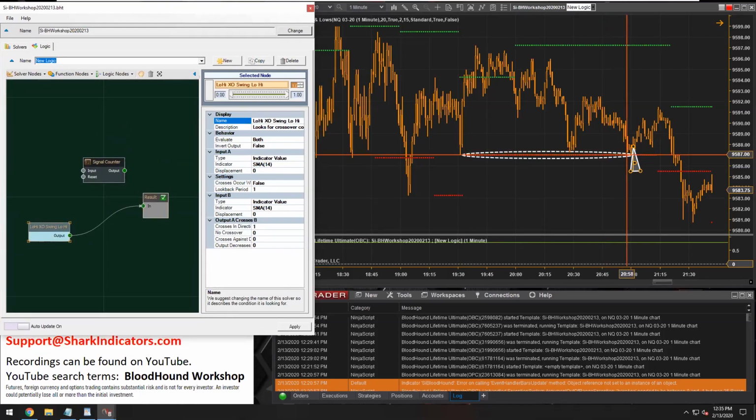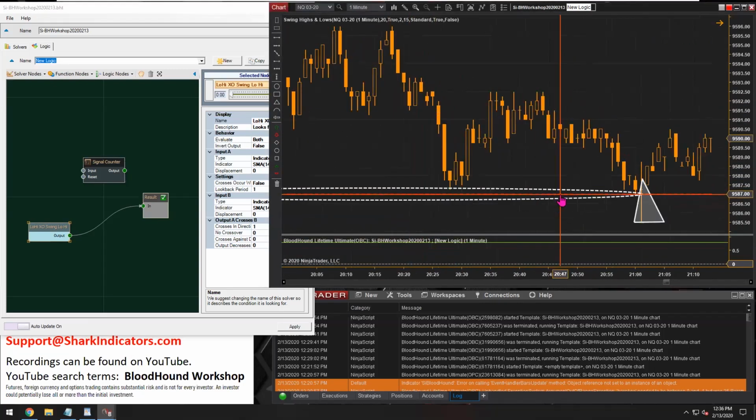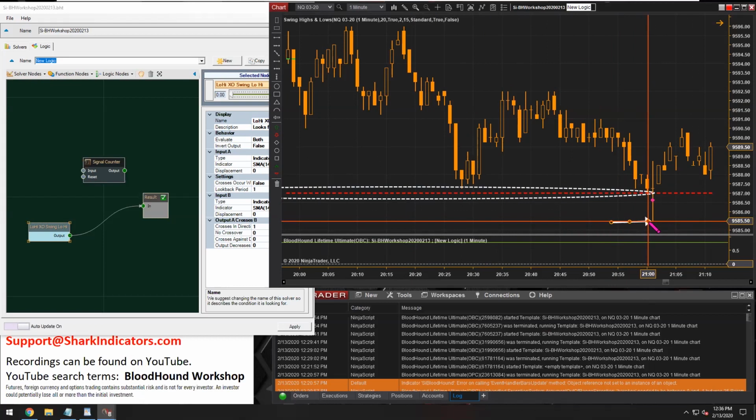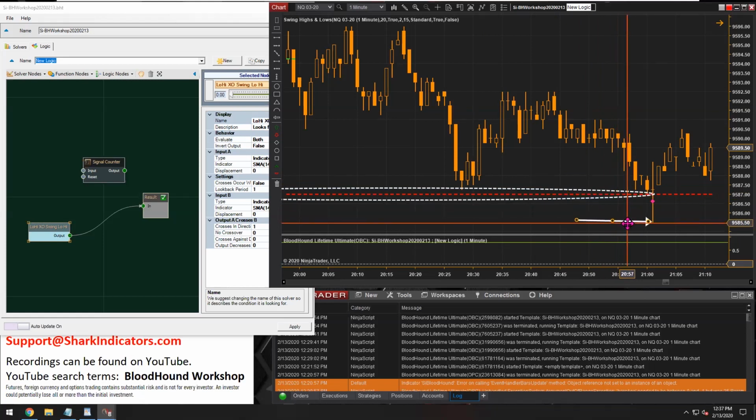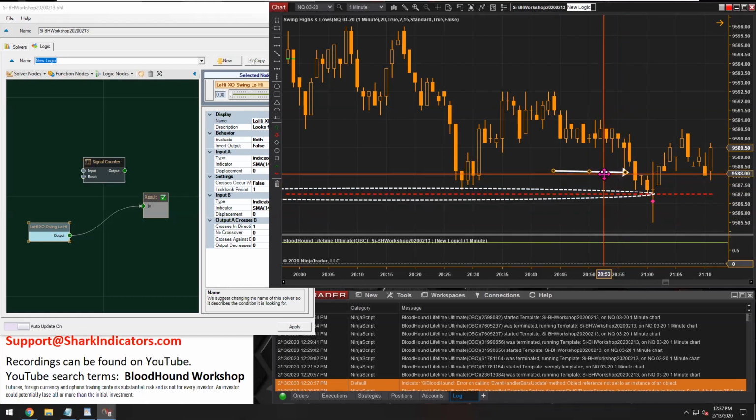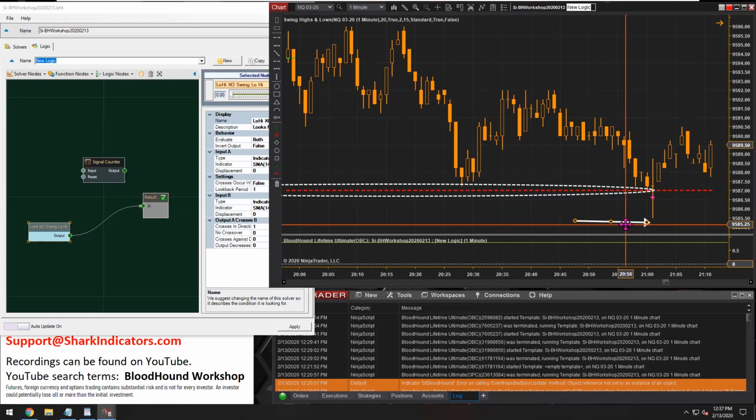All right, so when price breaks through the swing low, we're looking at the low price of the bar. Let's stretch this out a little bit here. The way that we know that price has broken the swing low is we can look at the low. So if the low price crosses down through the swing low plot, then we know we have a break of the swing low.